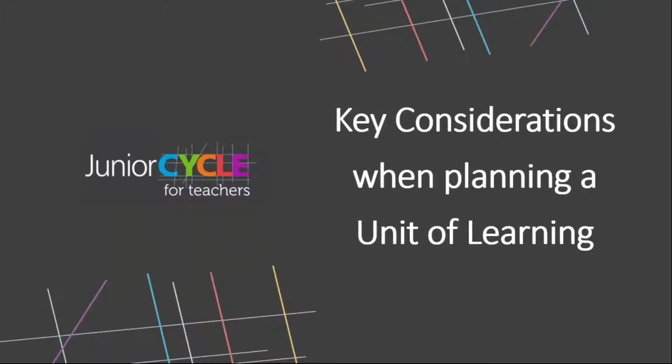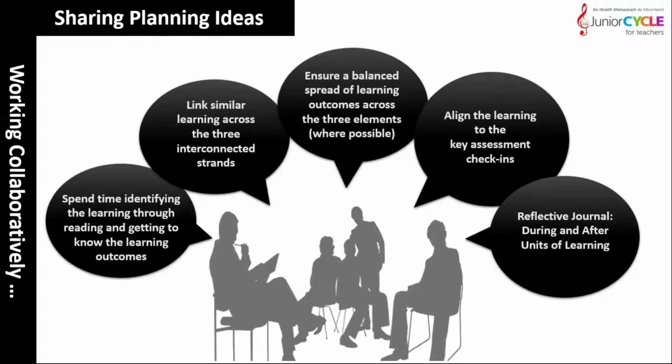Now that we have explored our specification and unpacked a learning outcome, let's look at some key considerations before planning a unit of learning. These 5 considerations have emerged as a result of the rich professional conversations that have taken place during our cluster workshops.